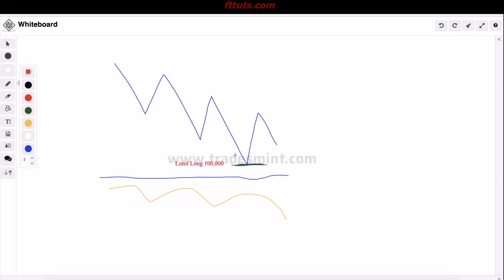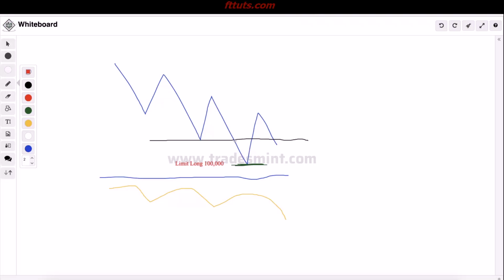Say we literally just lost a support. This was support right here, and we lost it. I'm going to use a black line for our support. People are like, that's it, we've broken down from the support, I'm going to short this.